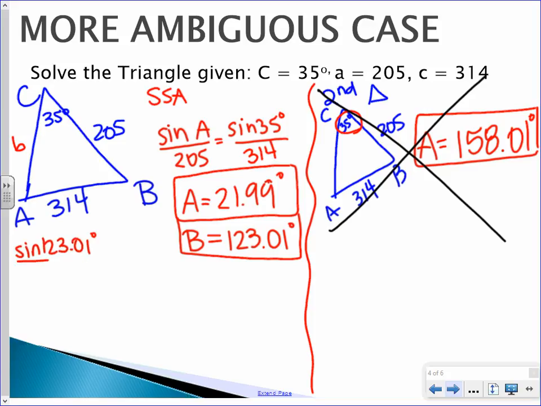And then to find side B, we know that angle B is 123.01 degrees. So sine of B over side B equals, what pair of information do I want you to use for this proportion? The C's. Sine of 35 degrees over 314.